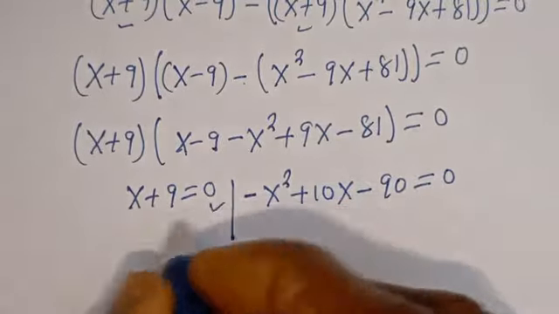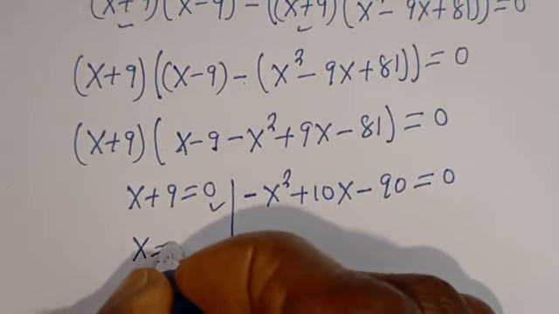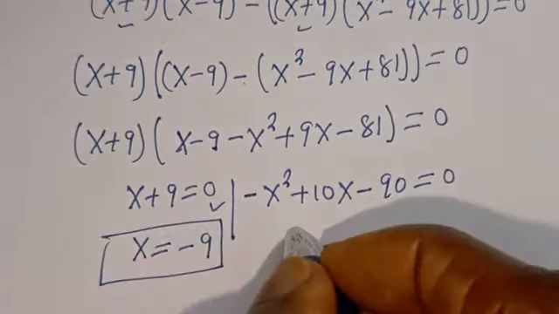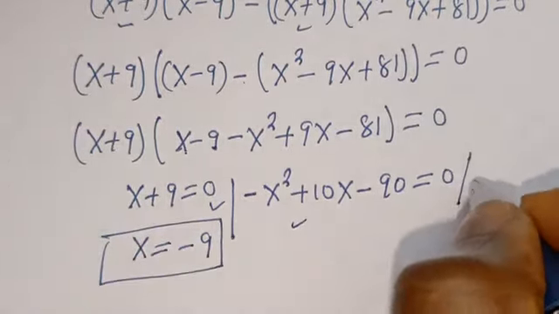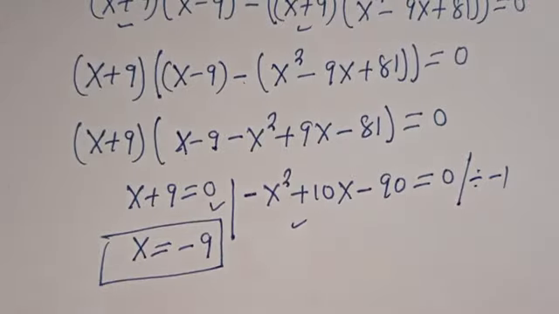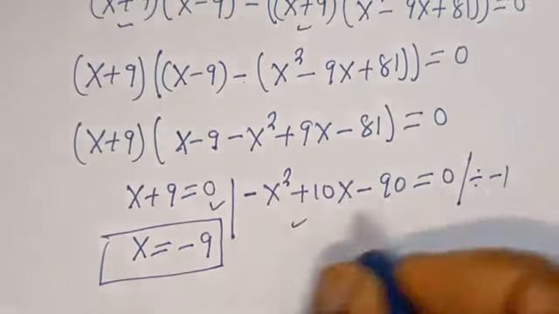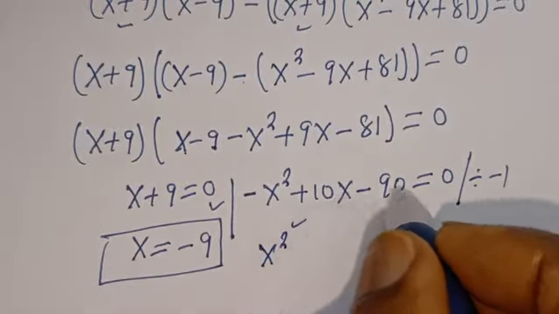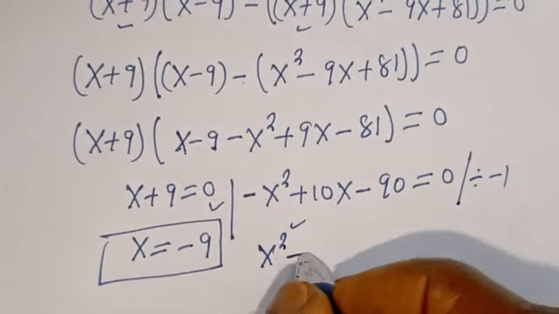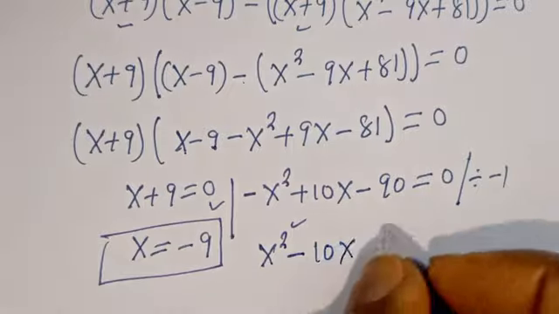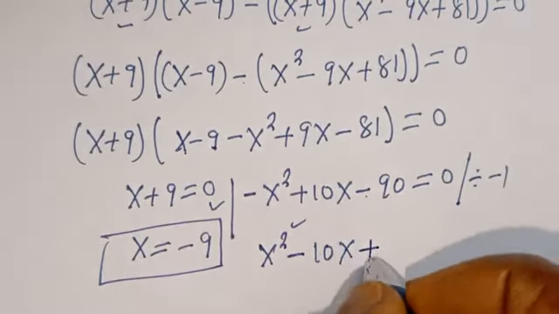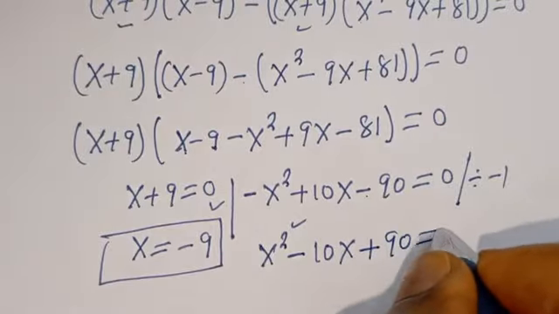Then from here, s is equal to minus 9. And from here, we can divide all through by minus 1. Then minus s squared divided by minus 1, this is s squared, plus 10s divided by minus 1, this is minus 10s. And then minus 90 divided by minus 1, this is plus 90 is equal to 0.